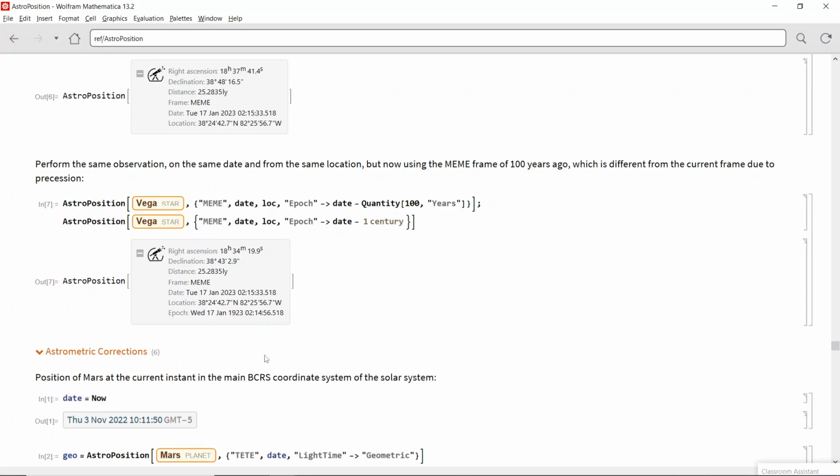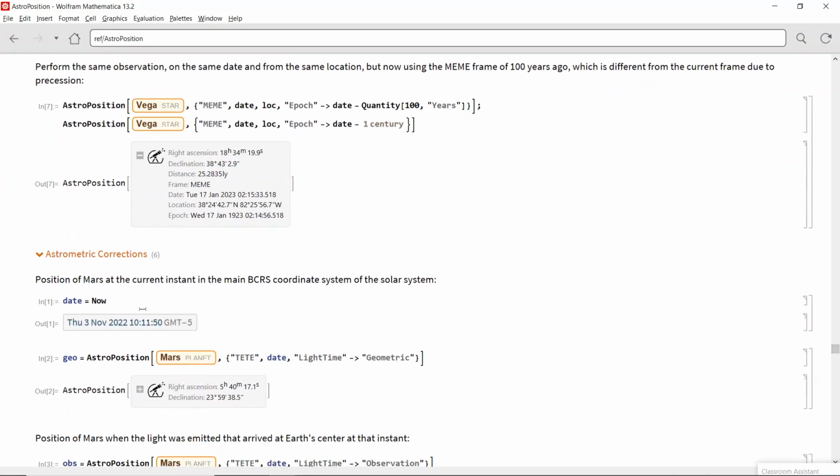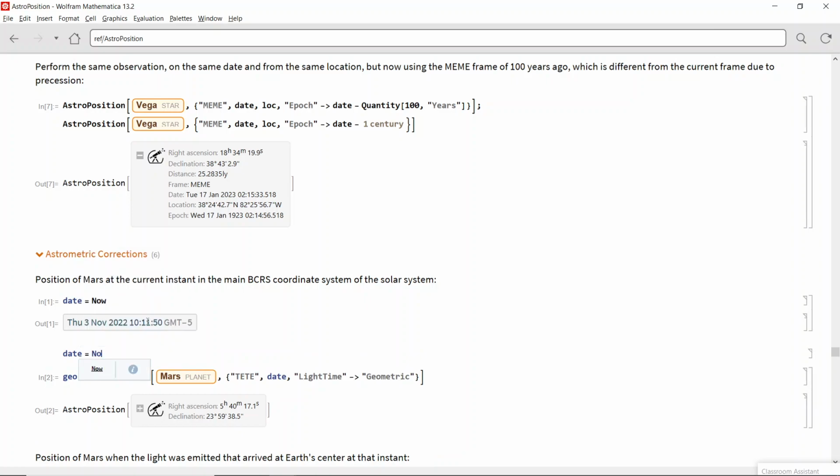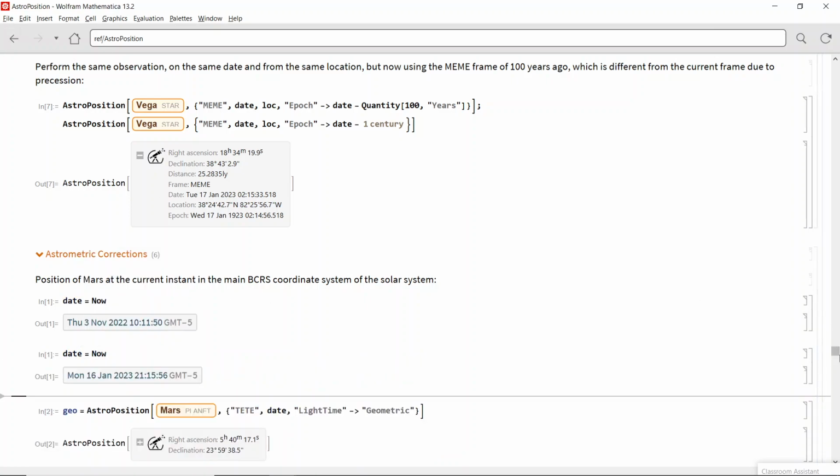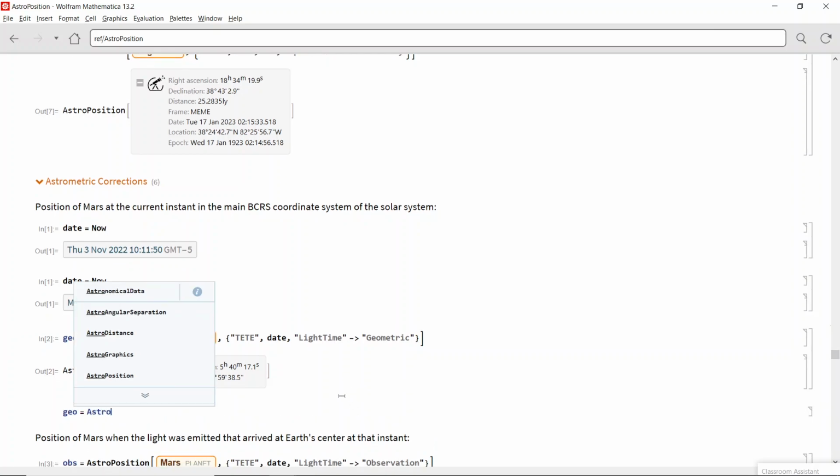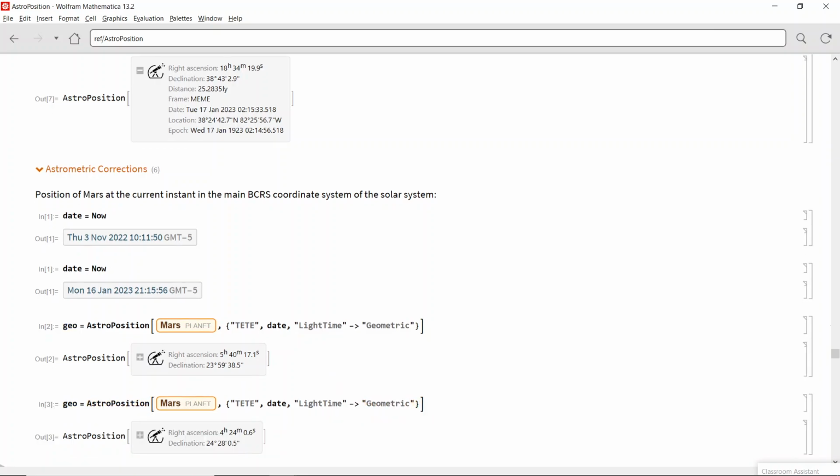Astrometric corrections. Position of Mars at the current instant in the main PCRS coordinate system of the solar system. Okay, so we'll set date equals now. Geo equals AstroPosition, Mars, TE, date, light time, geometric.